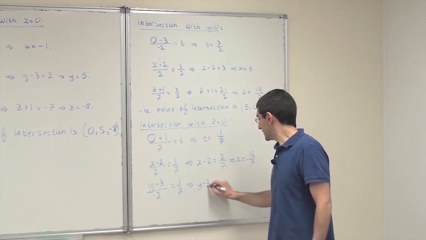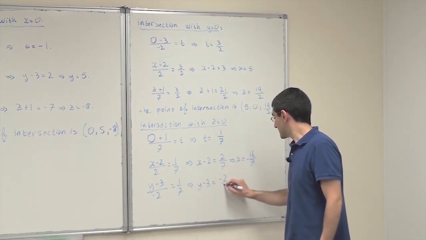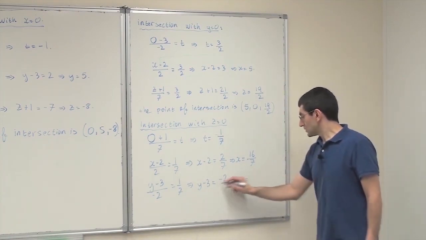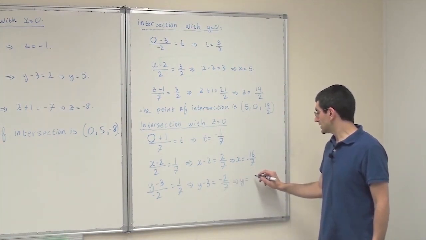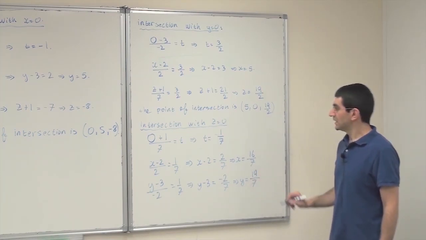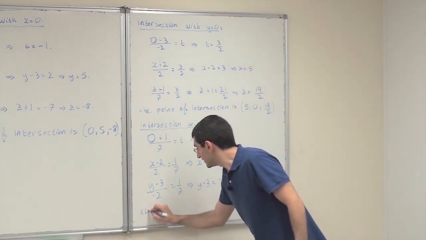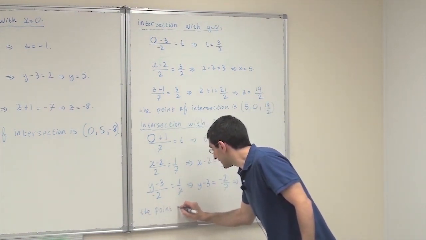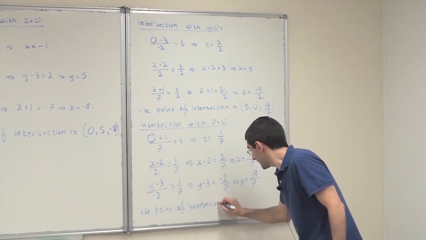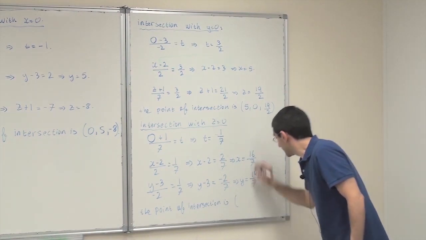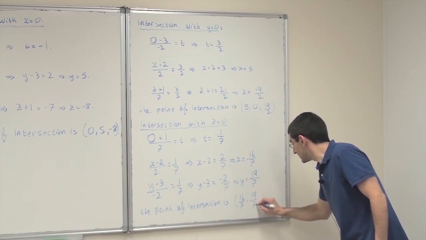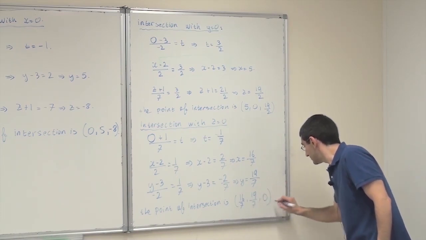So y minus 3 is equal to negative 2 over 7. Therefore, y is equal to 21 minus 2, 19 over 7. And the point of intersection is therefore 16 over 7, 19 over 7, and 0.